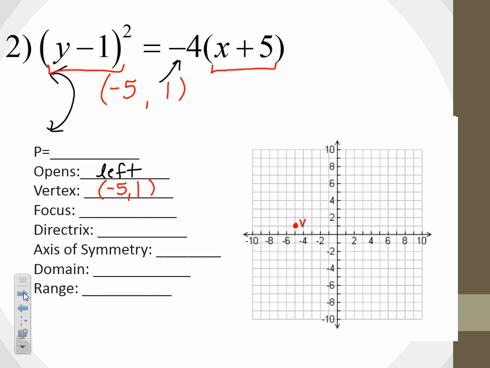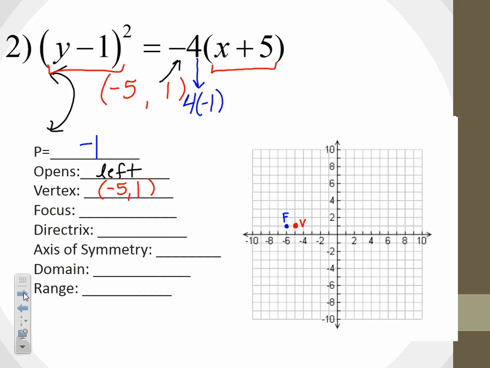Here's my vertex point. And we know this parabola is going to go to the left. Now we just need to figure out where that focus dot is. So again, I see a -4 right there. That is 4 times something, the p. The p must also be -1 this time. So I need to go -1 units, or 1 to the left essentially, away from my vertex for that focus dot. So I'm going to plot it right here. There's the focus. And now I need to figure out how wide to make this parabola.